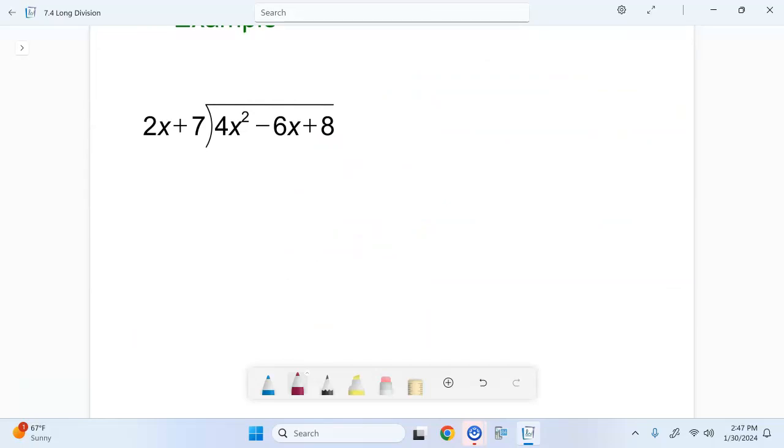What's step 1? Divide, step 1. It's helpful to give yourself a checklist: divide, multiply, subtract. So divide first. What is 4x squared divided by 2x?